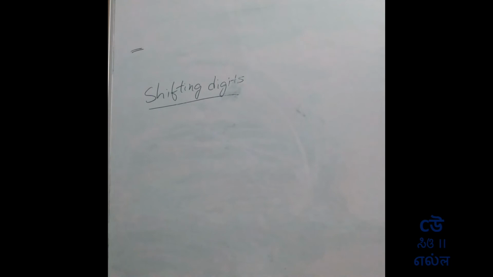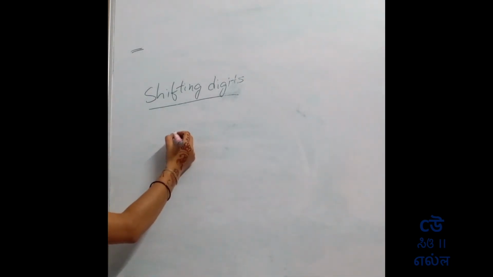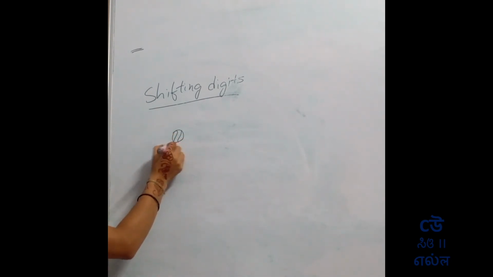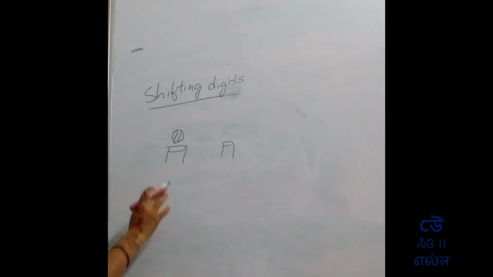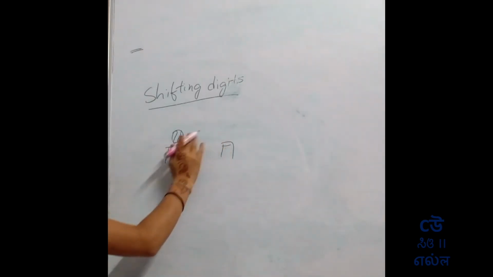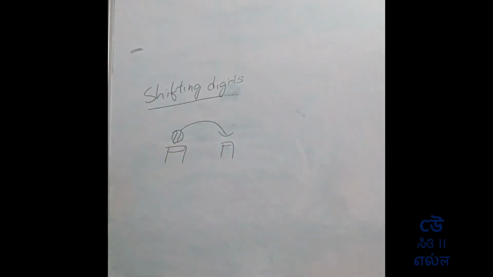So for example, see, if there is one ball on one table, so there are 2 tables. Okay, so what do you mean by shifting? Shifting this ball from one table to another. This will be shifting to here.